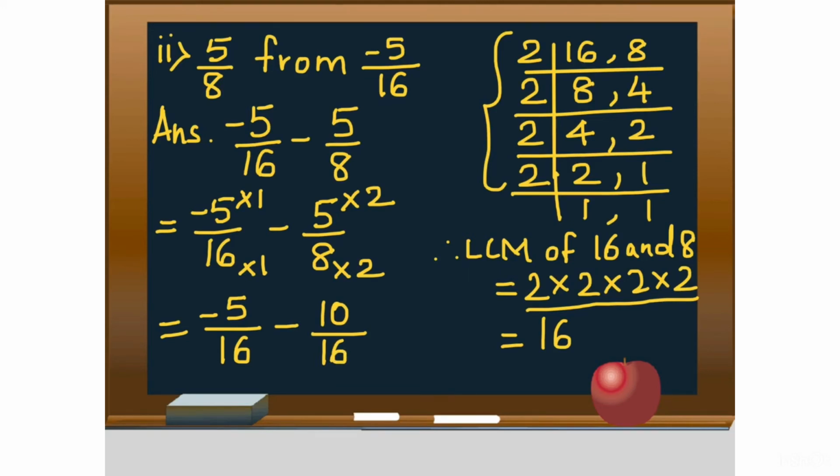Now you can see that we have got the same denominators. Let's simplify the numerators. So this expression is equal to, we will take 16 as the common denominator and we will simplify the numerators. Minus 5 minus 10 is equal to minus 15.